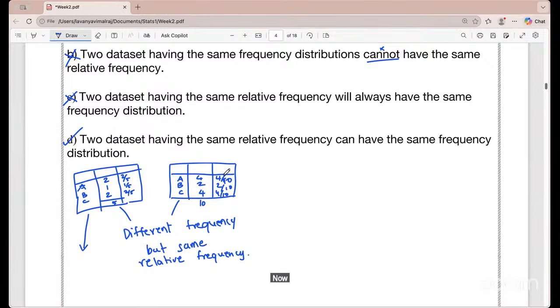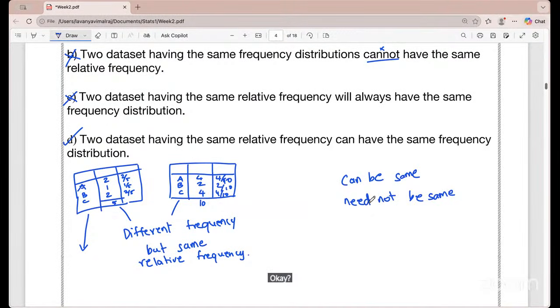Now, do you understand what's the difference? Yes, ma'am. So it can be the same, but need not be the same. Got it.